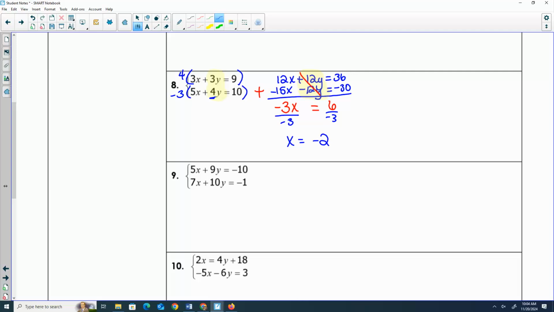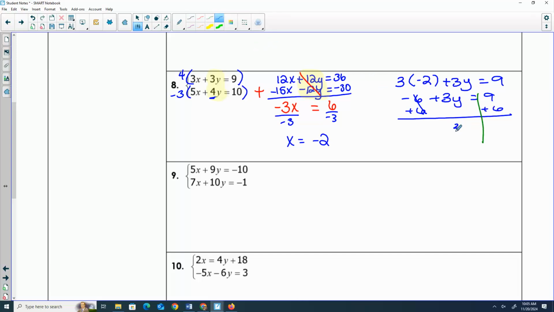Once you have x, we're plugging it back into an original. So if I just go with the first one, so that's 3 times the x, which is negative 2, plus 3y equals 9. So 3 times negative 2 is negative 6, plus 3y equals 9. We add the 6. If you need to draw a line for it, you can.